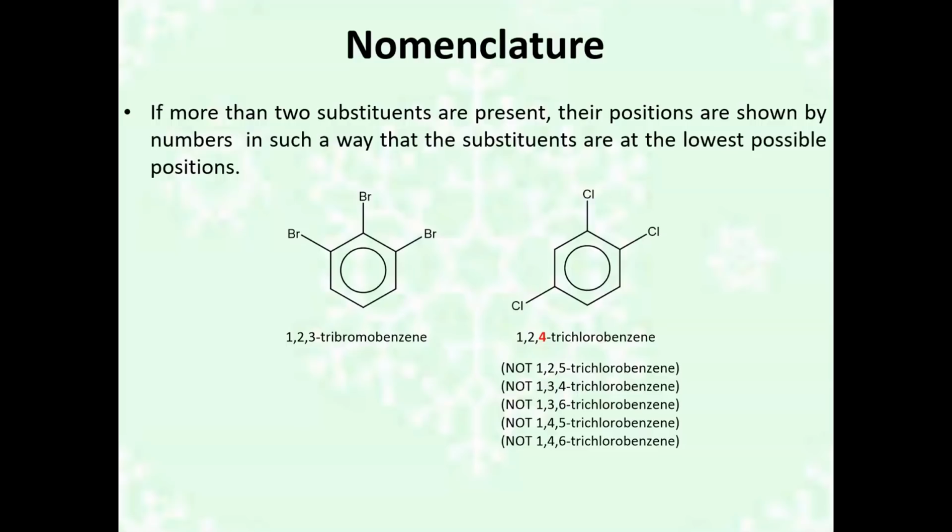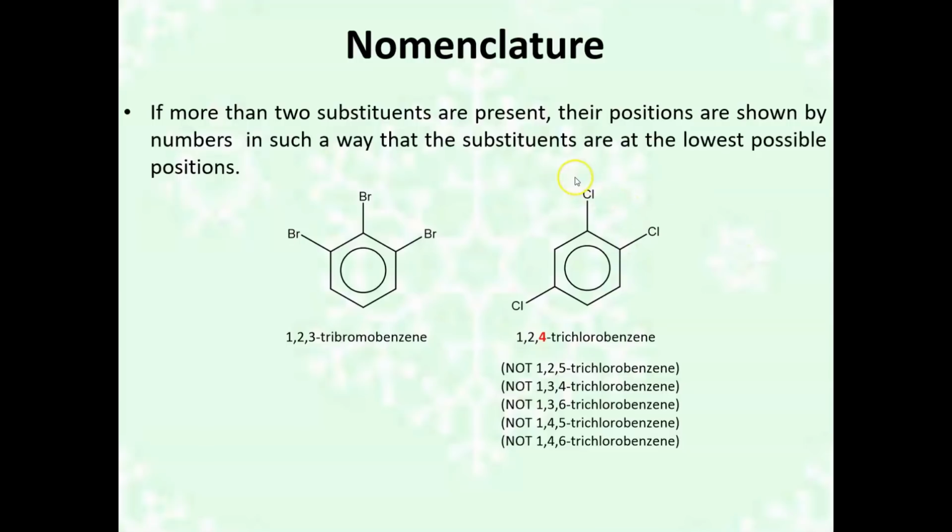Each of the chlorines here can be put as position 1. For example, this one can be 1, then turn this way around, so this chlorine will be at position 3 and then position 4.